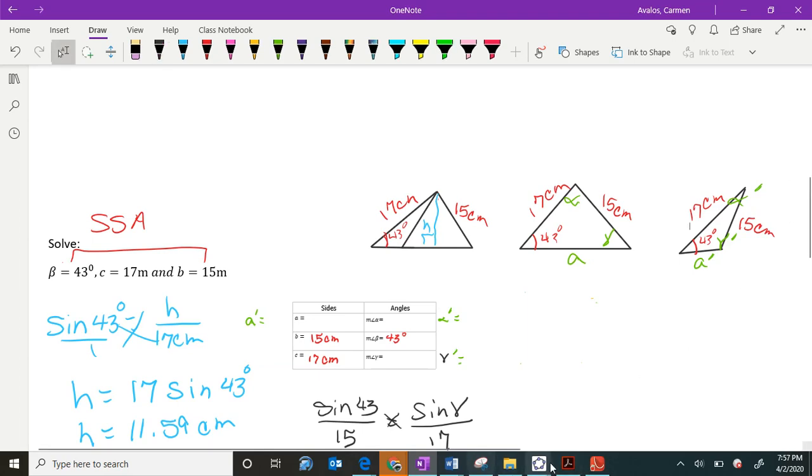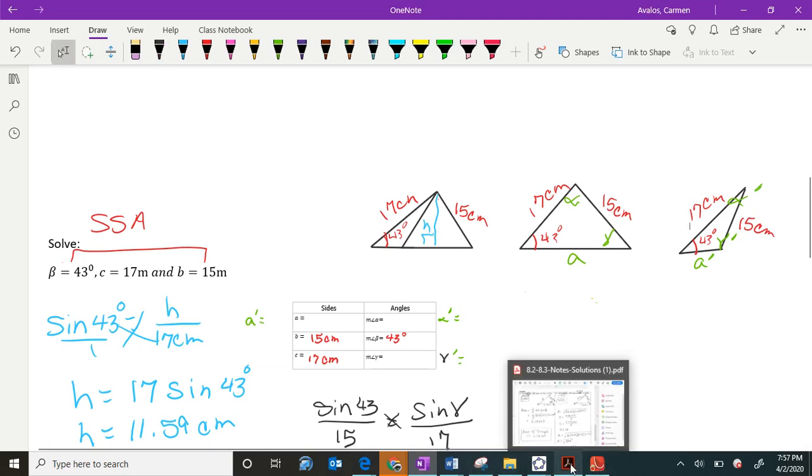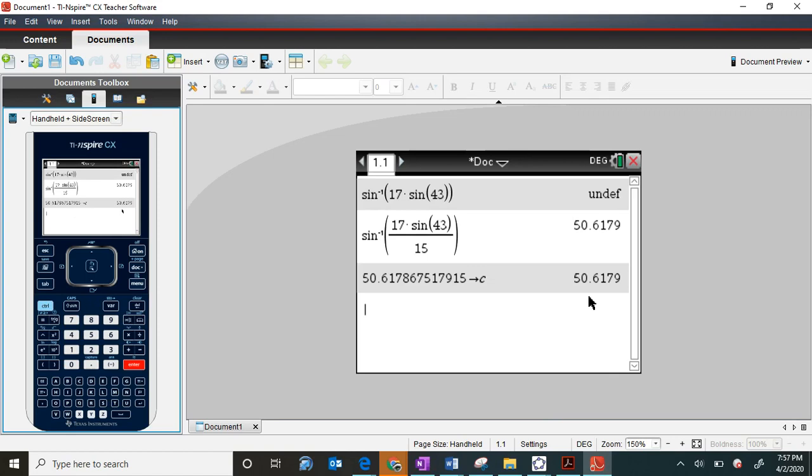I am going to take C, add it to 43, and do 180 minus this. That gives me my answer for alpha. So now I know what alpha is.